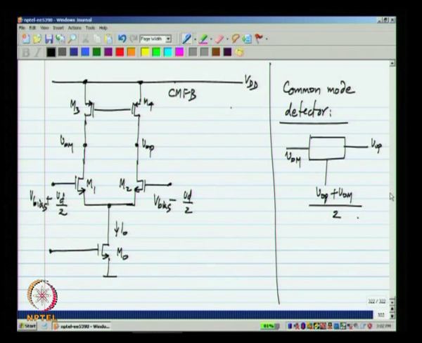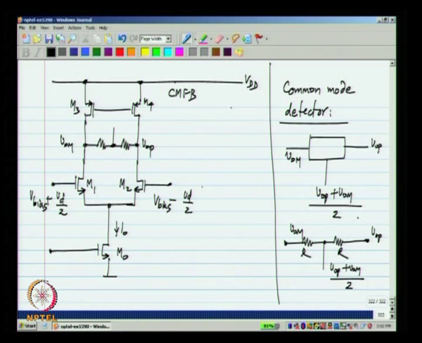The simplest way of getting the average of two voltages is to use a resistive divider between VOP and VOM. So we will get (VOP plus VOM) by 2 if these two resistors are equal. That is a potential candidate for the common mode detector. So let us use that here. We will see what the implication of this is later.